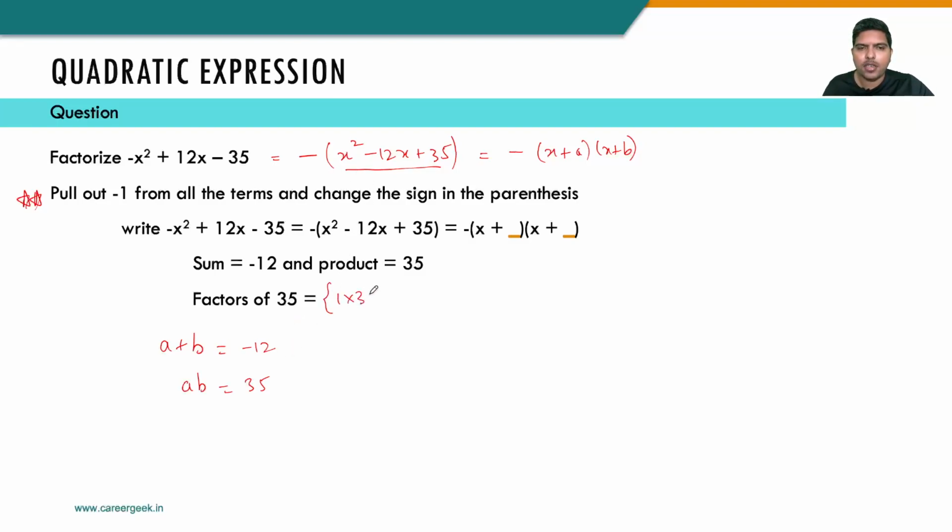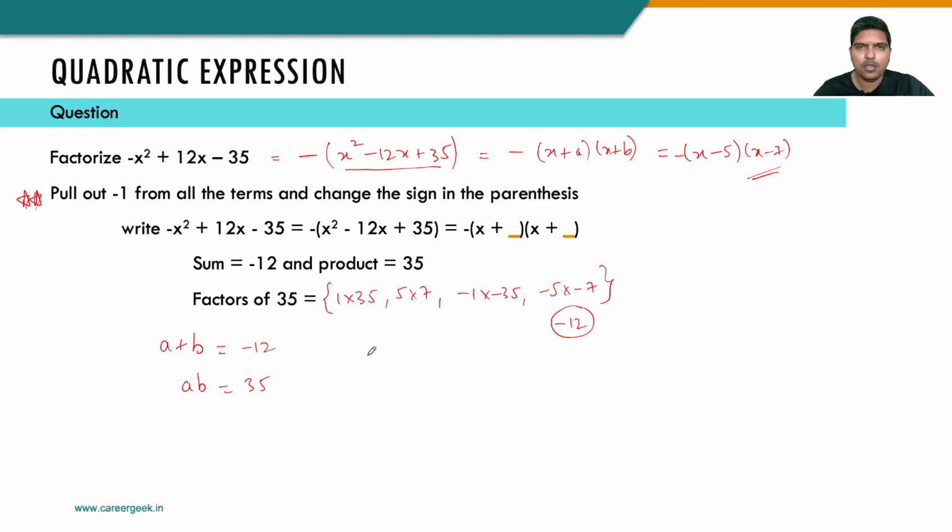So 1 into 35, 5 into 7, these are the only two positive factors, then -1, -35, -5, and -7. As you can see, this is the only one which gives us the sum as -12. The factorization of this is negative of x minus 5 and x minus 7.